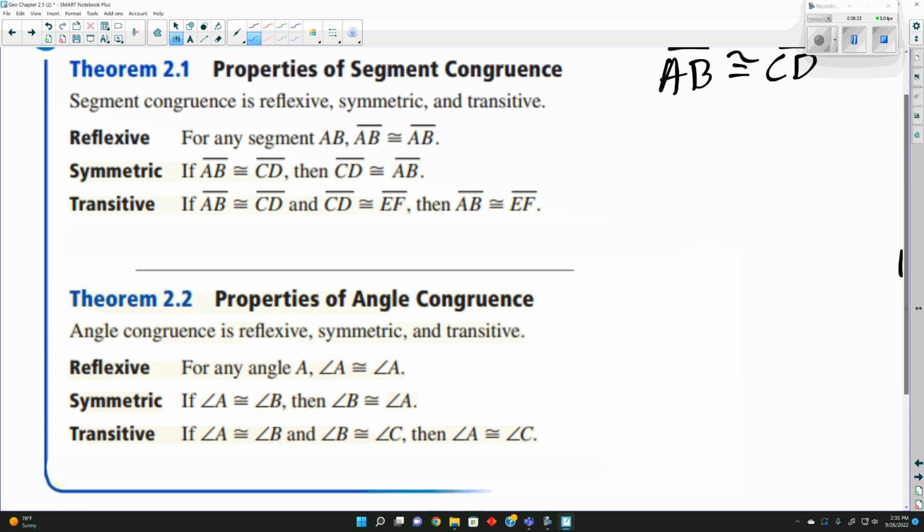Also, we're on the reference sheet. These here.